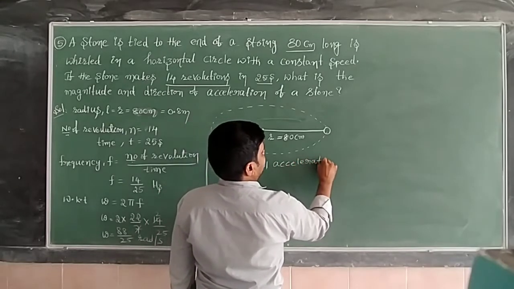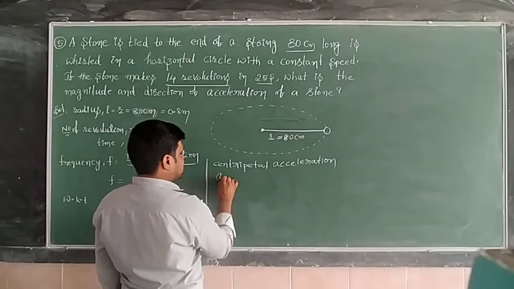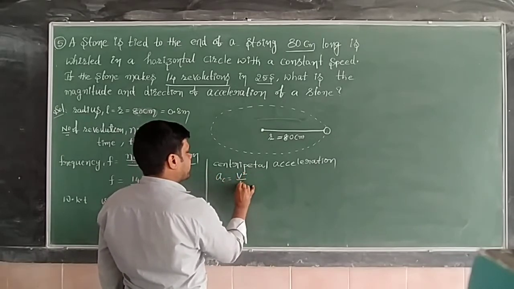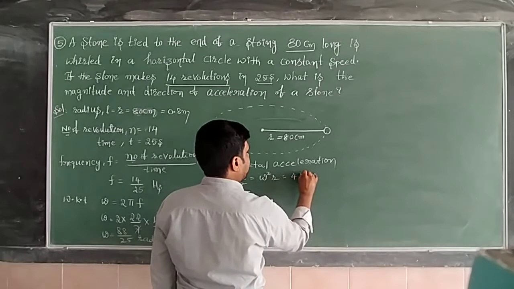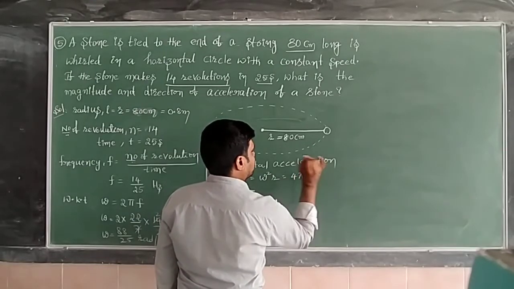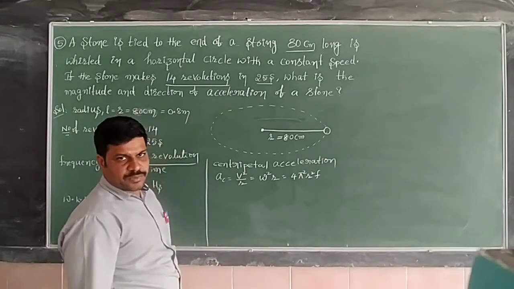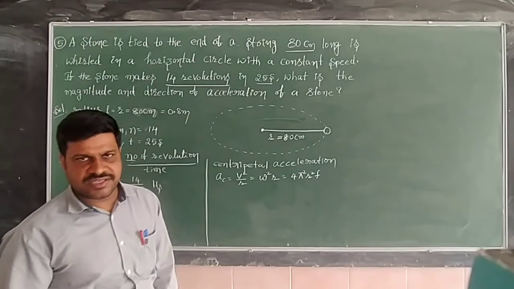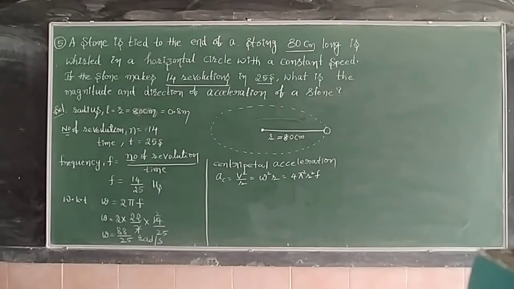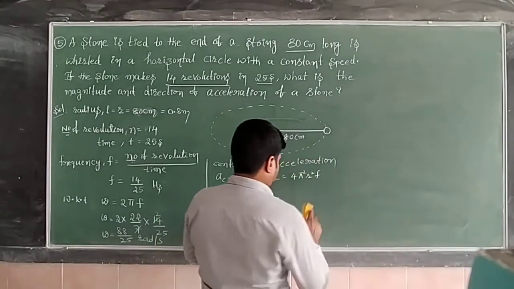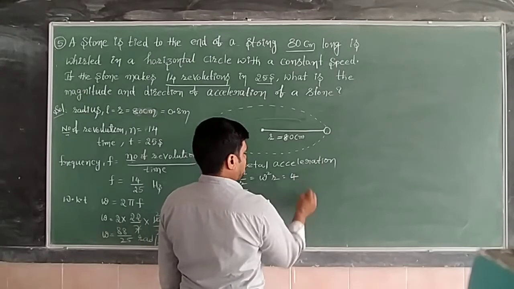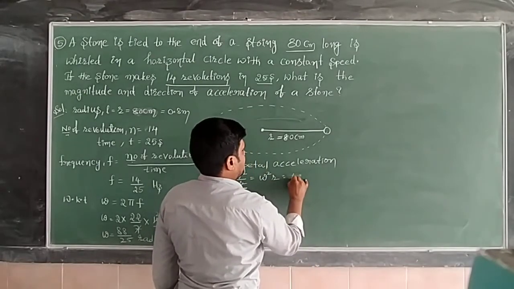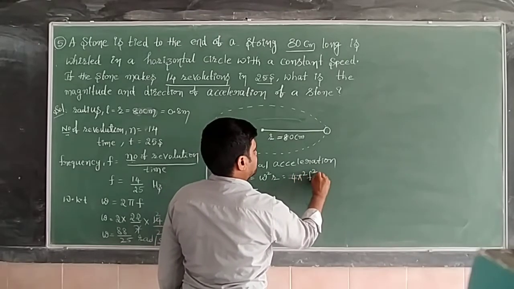Centripetal acceleration a_c is equal to v square divided by r, otherwise omega square into r, otherwise 4 pi square f square into r.